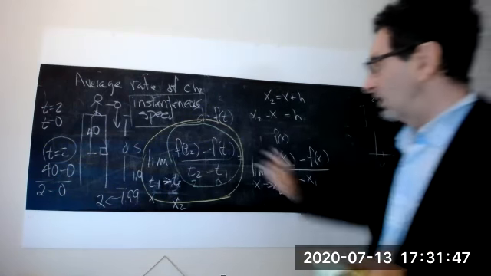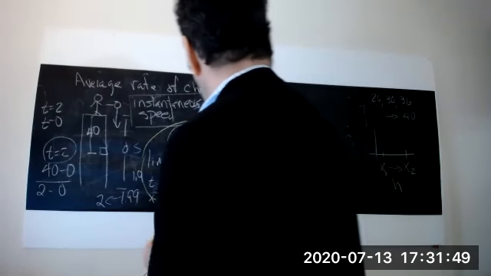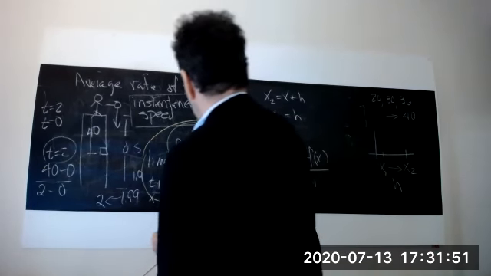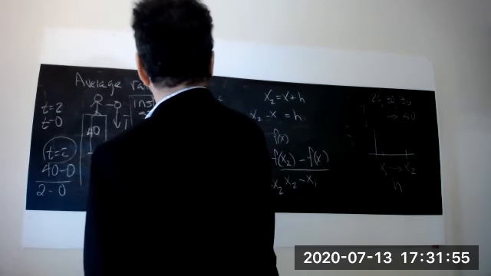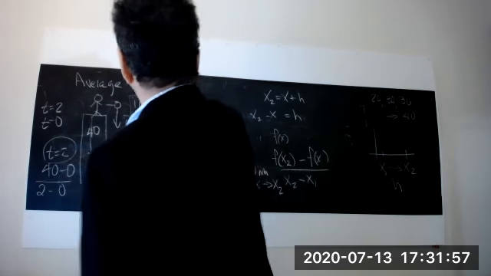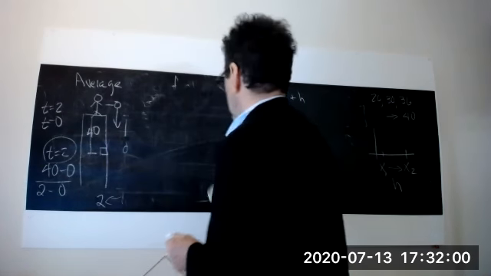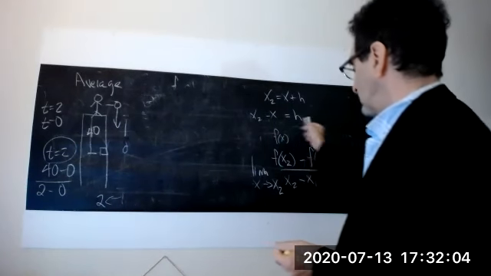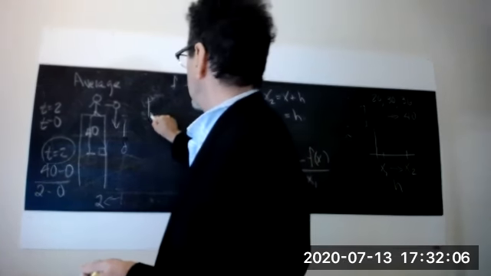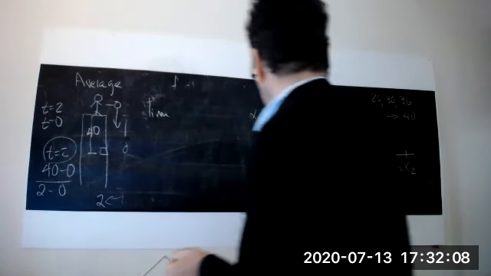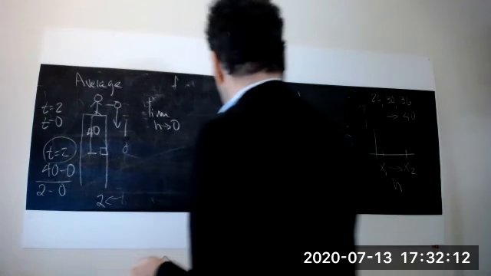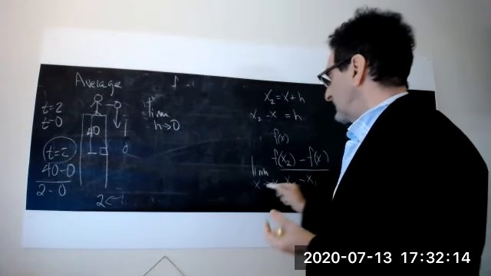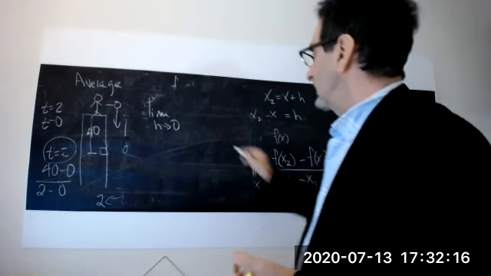So I'm going to erase this because I don't have much room, and I'm going to write it with the h's now. I'm going to rewrite it as the limit as h goes to 0. Instead of x going to x2, the distance between them is going to 0.